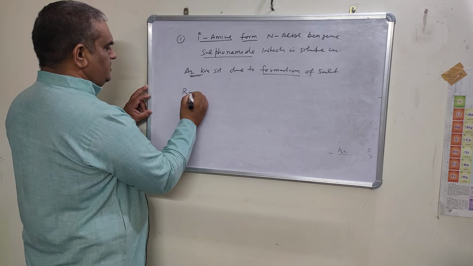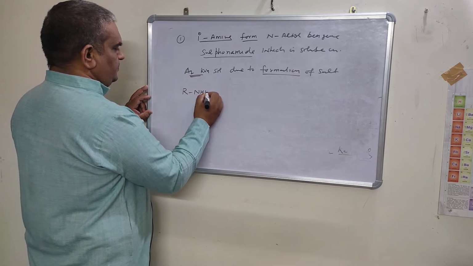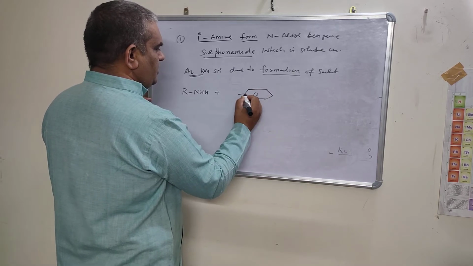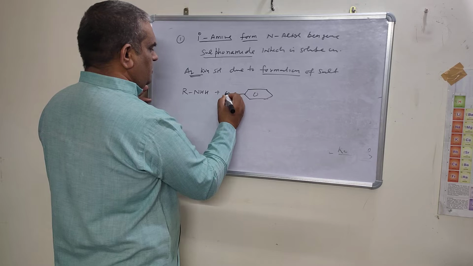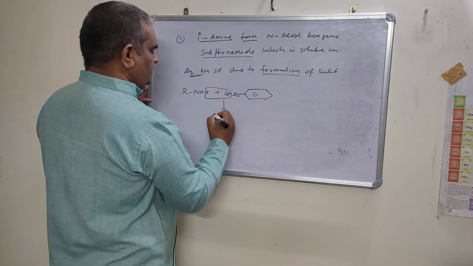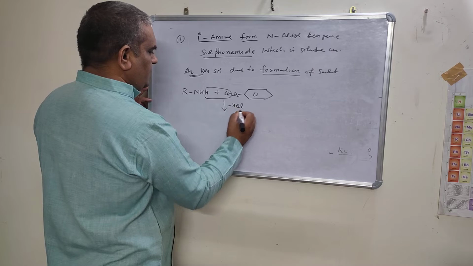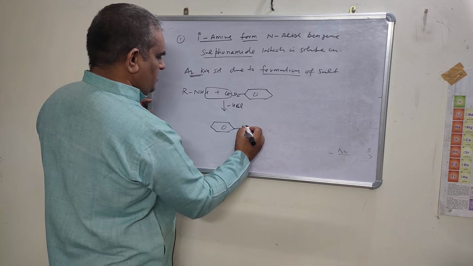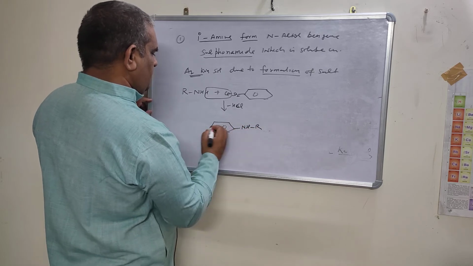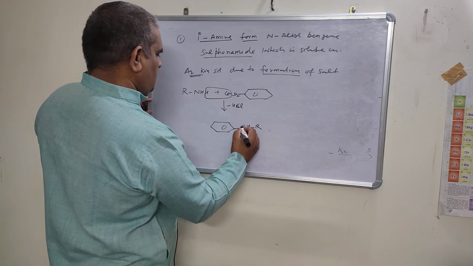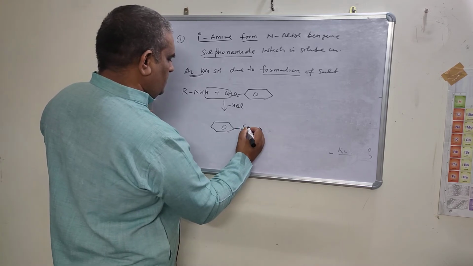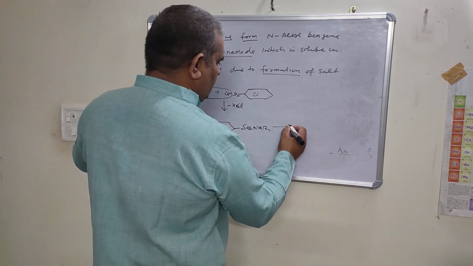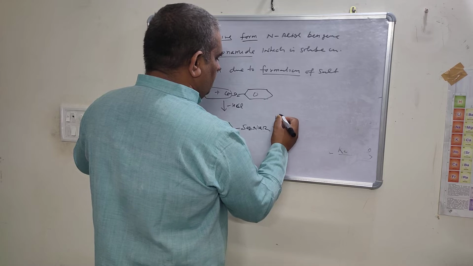The primary amine reacts with this benzene sulfonyl chloride, releasing HCl, and forms C6H5SO2NHR, N-alkyl benzene sulfonamide, which is soluble in potassium hydroxide.